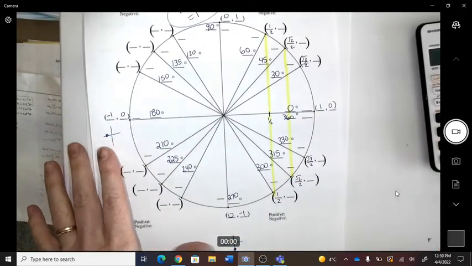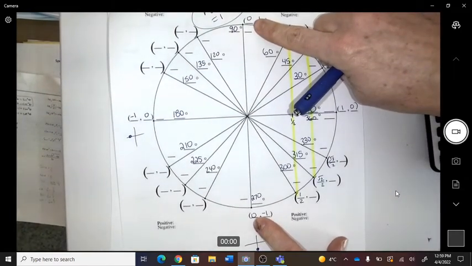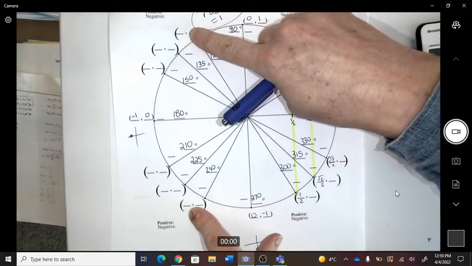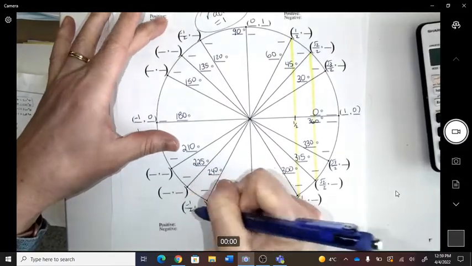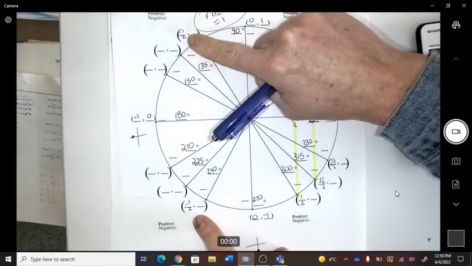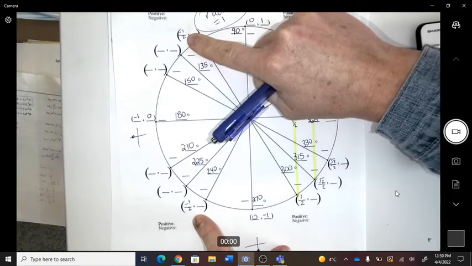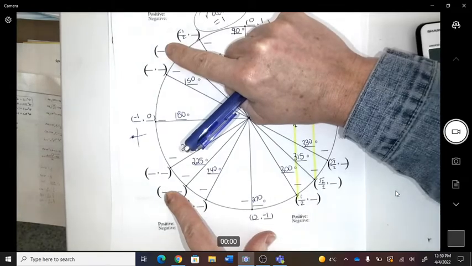Now I'm going to reset. I'm going to go back to the 90 and 270. Now I'm going to move left. So these are going to have -1/2. I'm ready to move to the next pair.